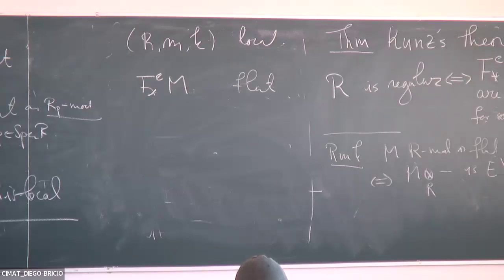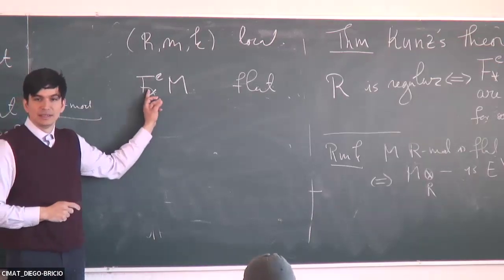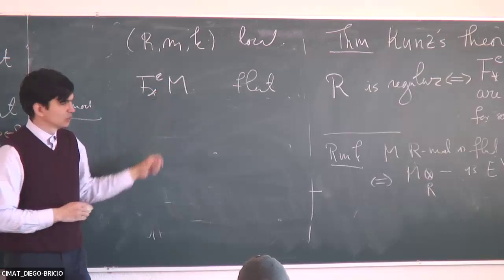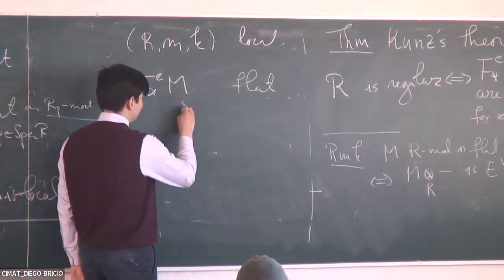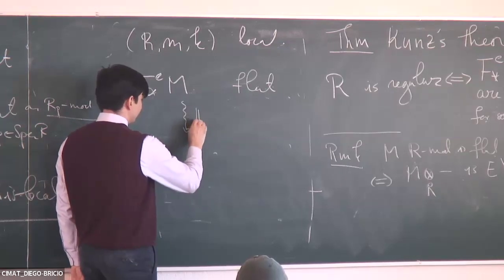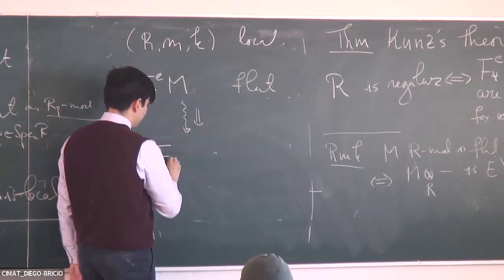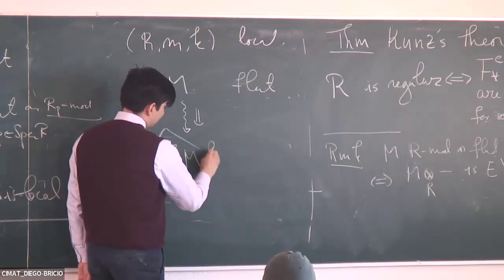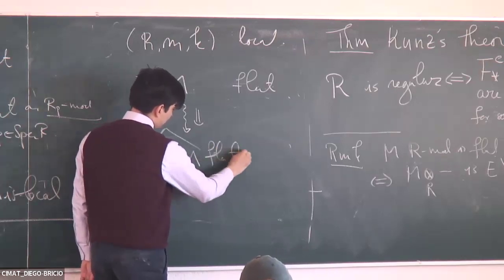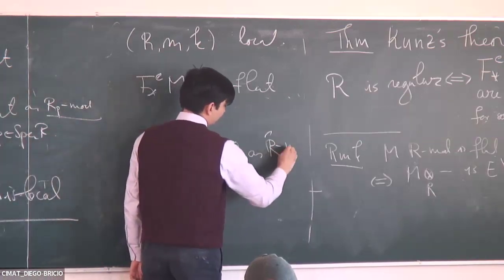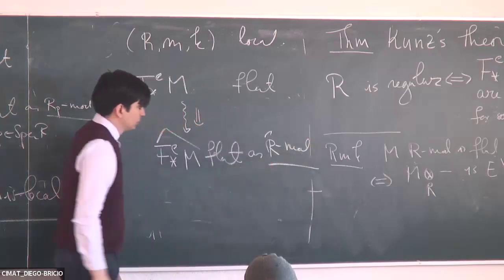It turns out that if this is flat, its completion is flat, so it's flat as an R hat module.